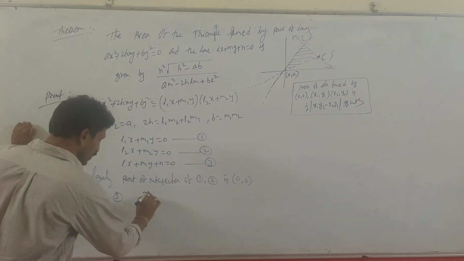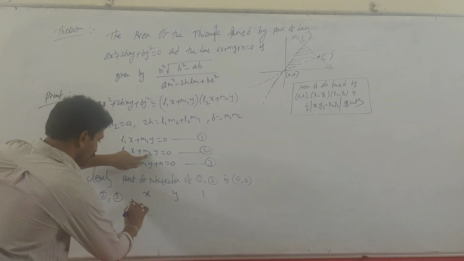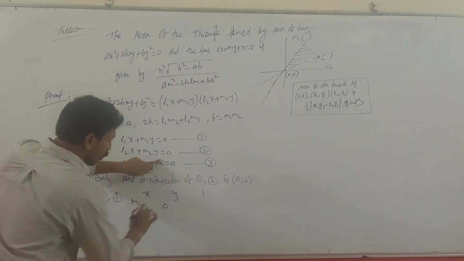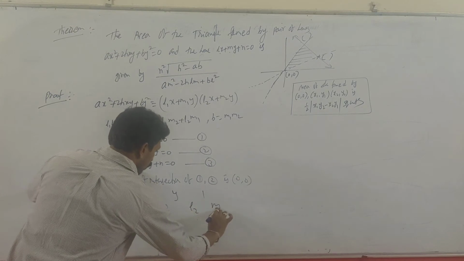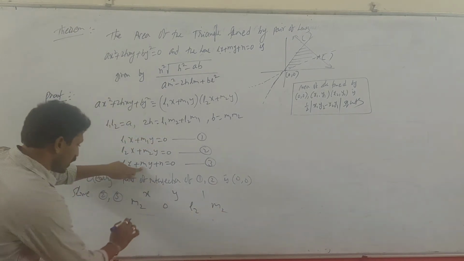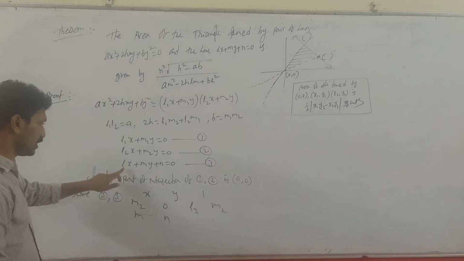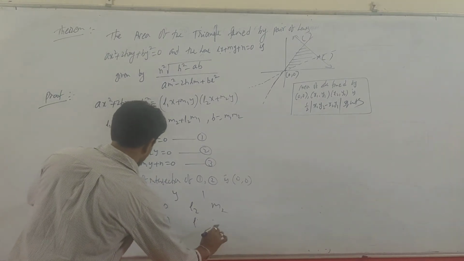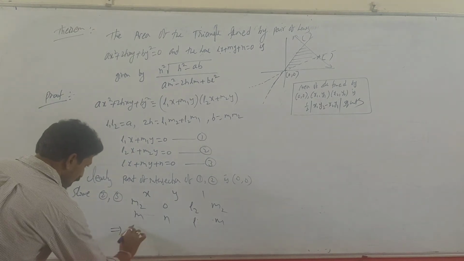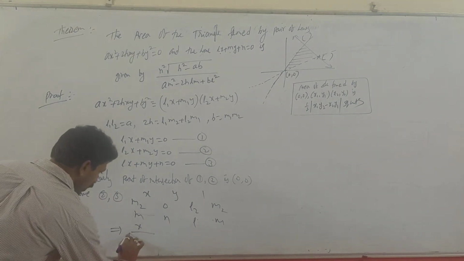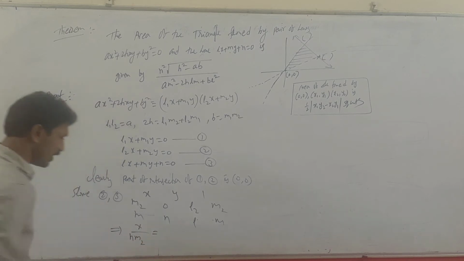You write here the cross multiplication method, x, y, 1. You start with M2, next 0, there is no constant, next L2, M2, next here you write M, N, next here L, M. So this implies x by (N M2 minus 0), that is N M2 only.